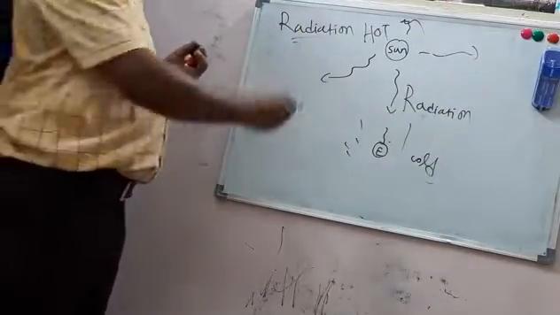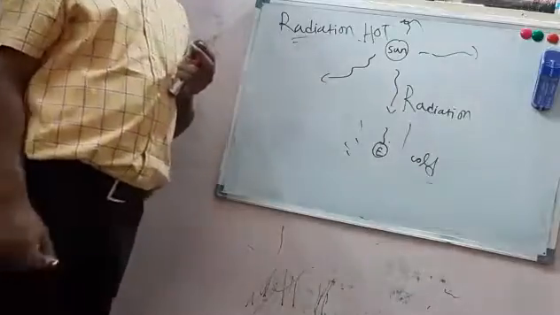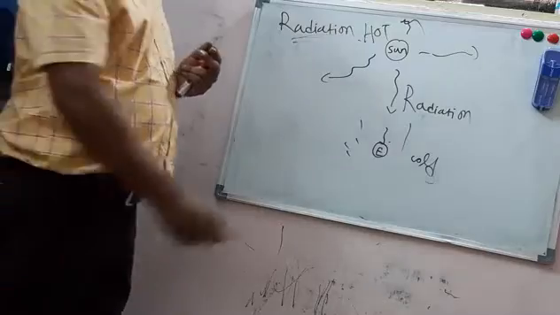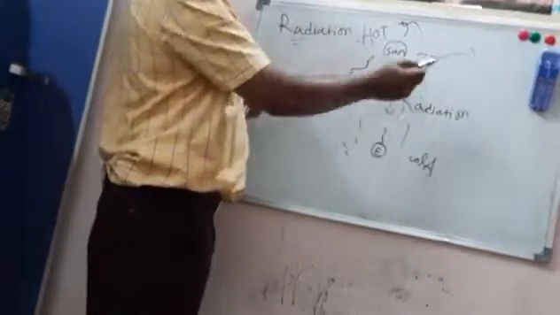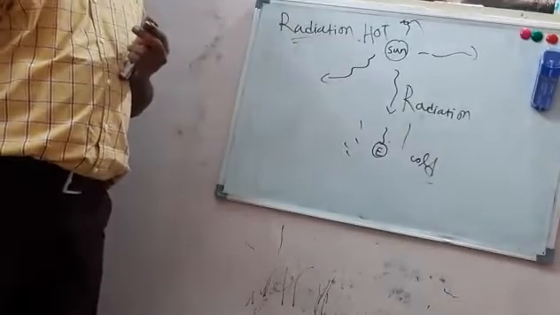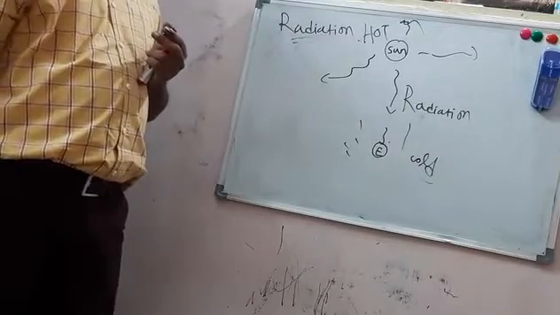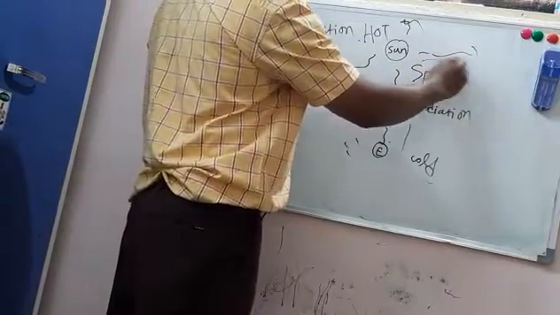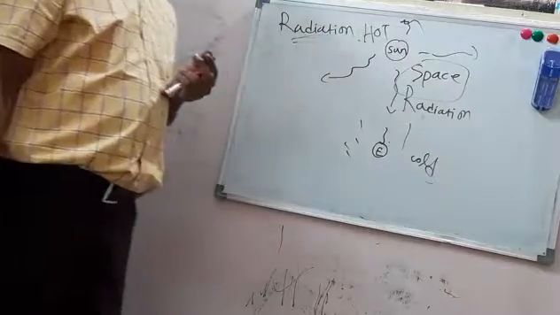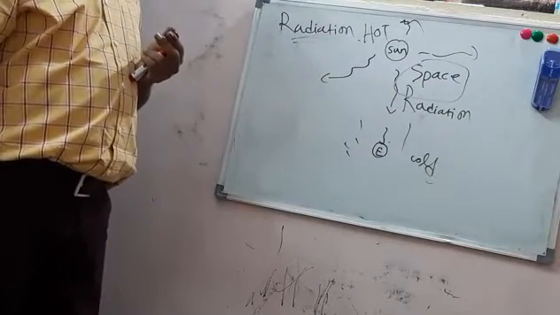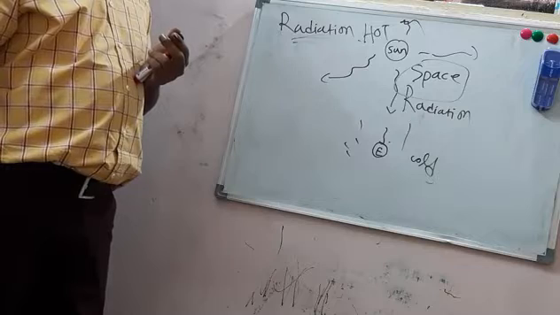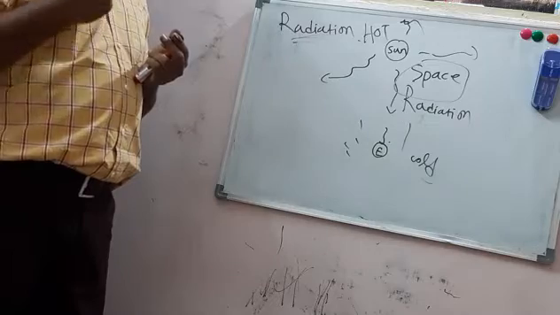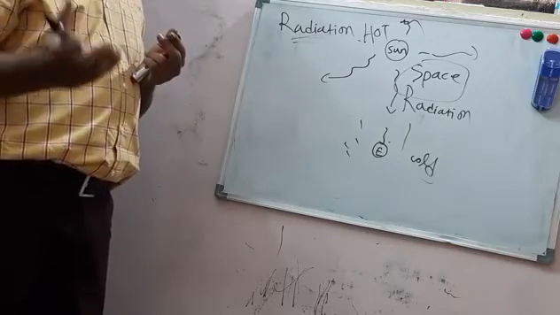So naturally heat is being transmitted by means of radiation. In between sun and earth, there are different atmospheres and vacuums, and mainly space occupies between sun and the earth. So it means radiation can pass through vacuum and poor conductors like atmospheric layers. Okay.